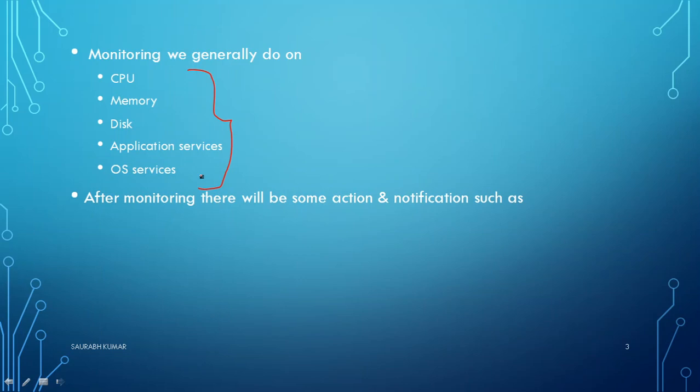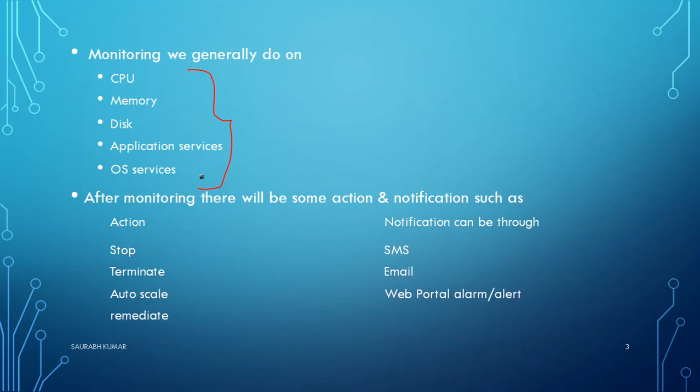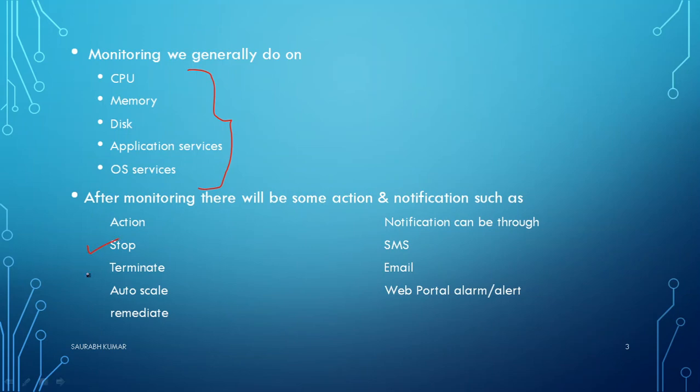So let's have a look at what the action and notification options are. Action can generally be to stop that machine, terminate that machine, auto scale that machine, or remediate that machine, or you can choose any of them.